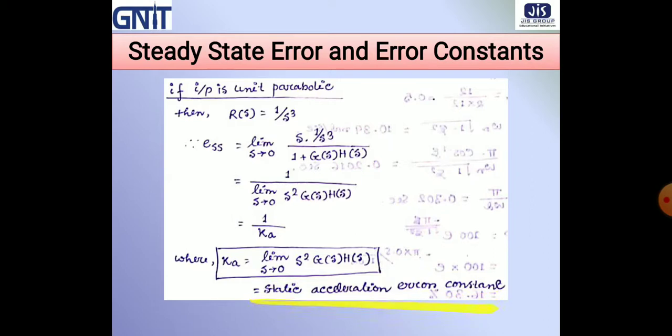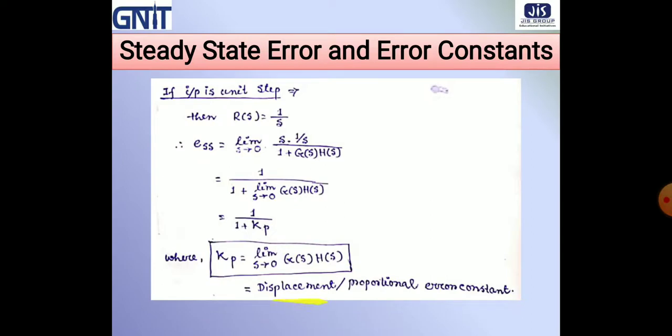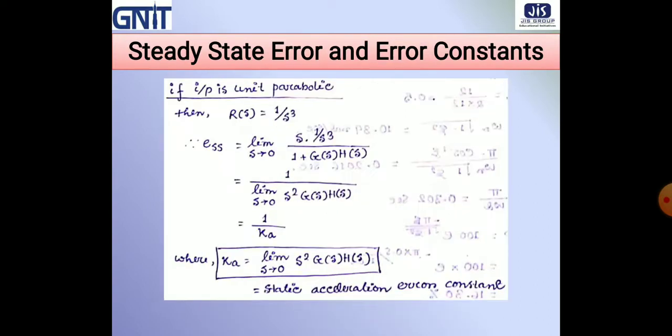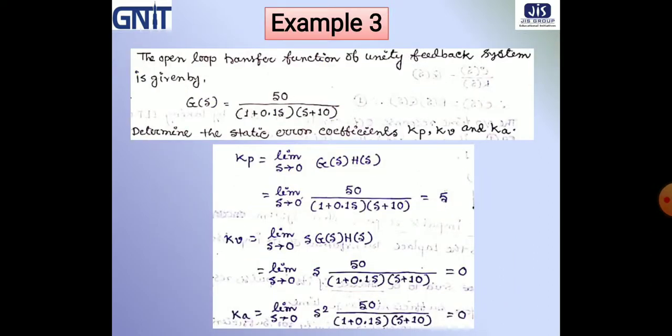That is our static acceleration error constant. So there are three error constants: one is the displacement or proportional error constant, next is the static velocity error constant, and next is the static acceleration error constant.